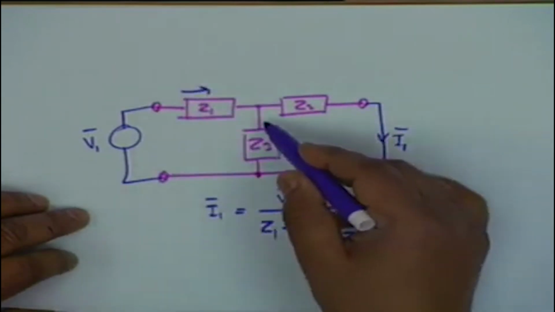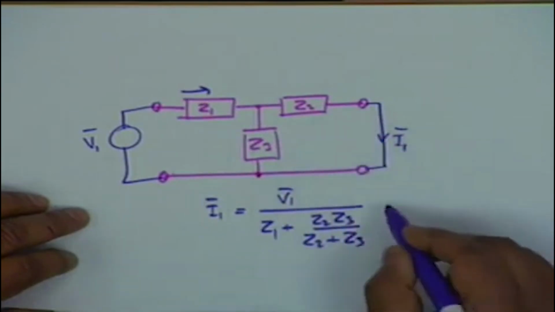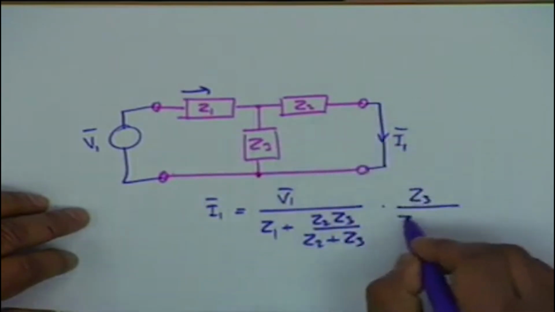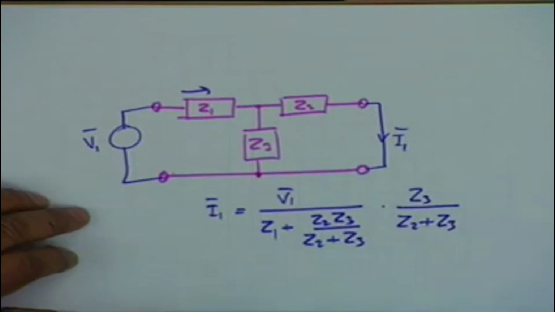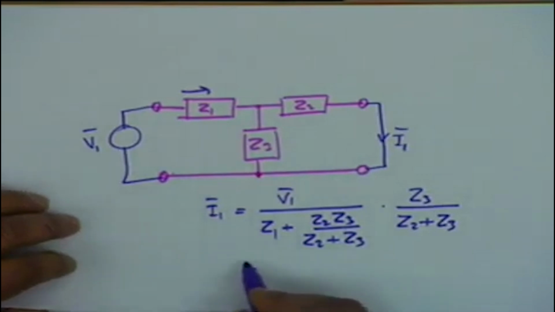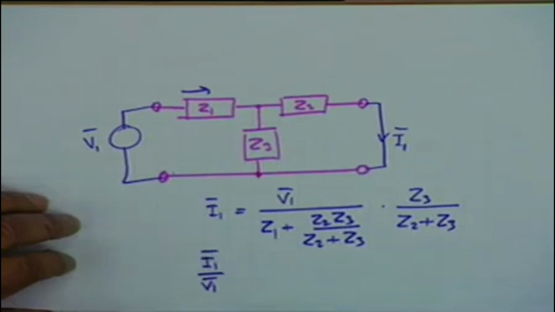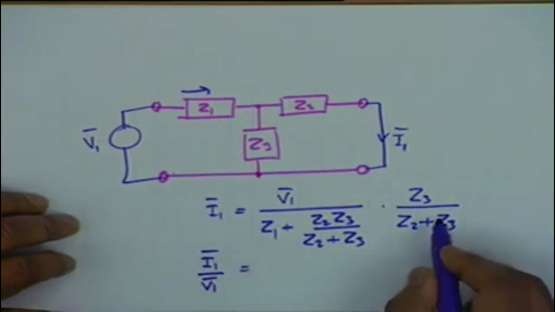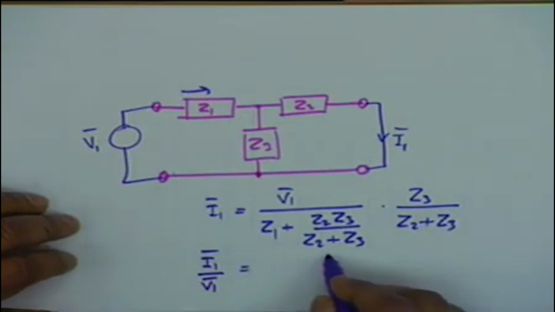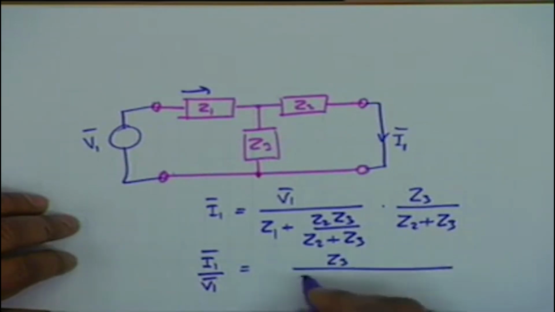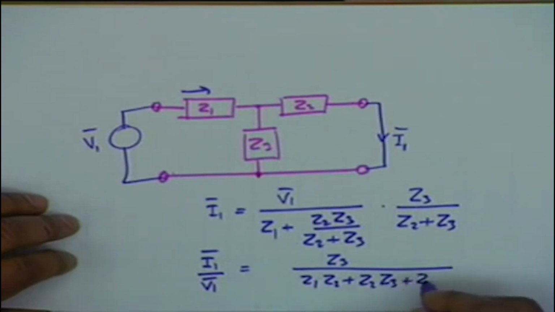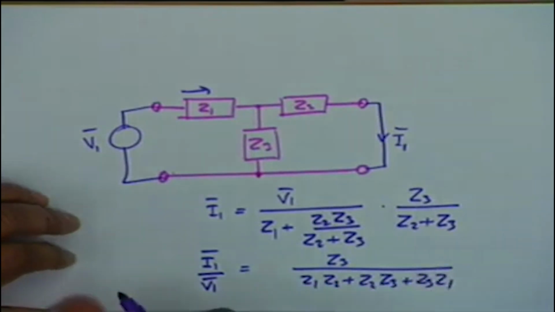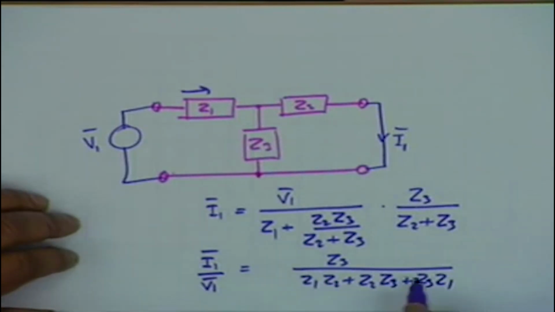Then I take current division between Z3 and Z2, and therefore this is Z3 divided by Z2 plus Z3. Agreed? Alright. So therefore I1 by V1 is equal to, well, you can see that it is Z3 divided by Z1 Z2 plus Z2 Z3 plus Z3 Z1. Is this algebra all right?